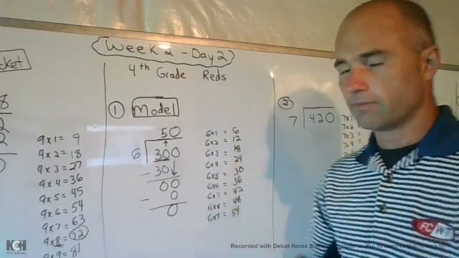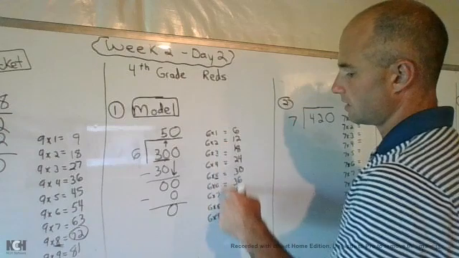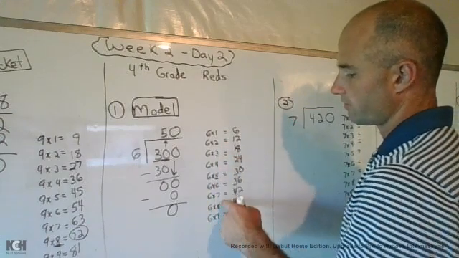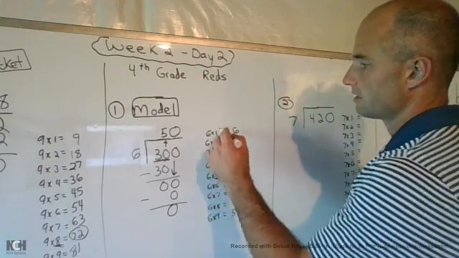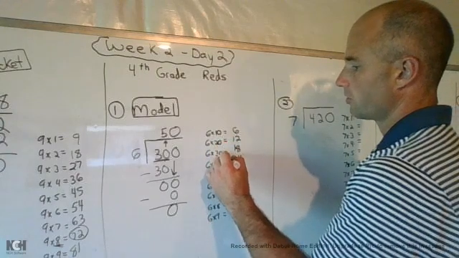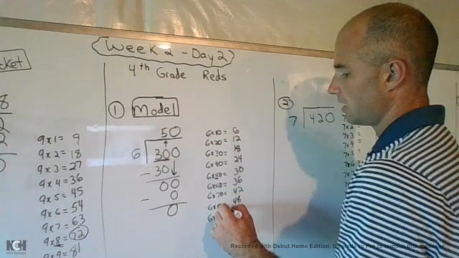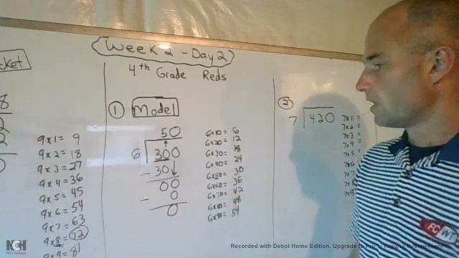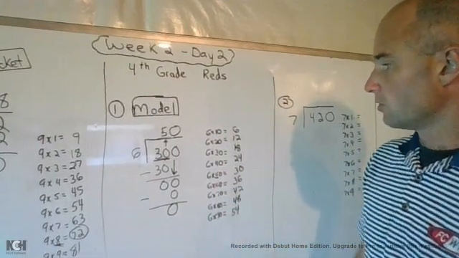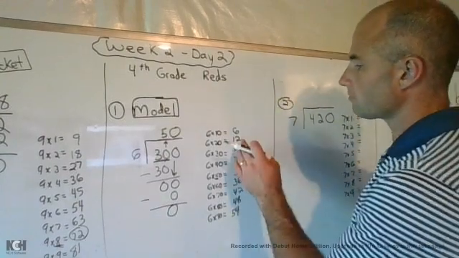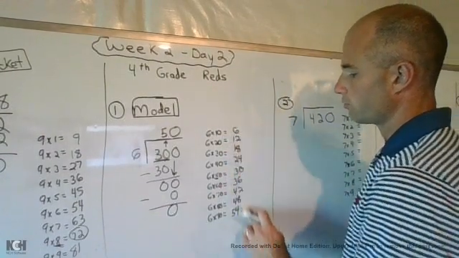The second strategy is to turn all these single digits, the 1, 2, 3, 4, 5, 6, 7, 8, 9, into tens. 10, 20, 30, 40, 50, 60, 70, 80, 90. And when you do that, you notice you have to do that same thing over here with your product.